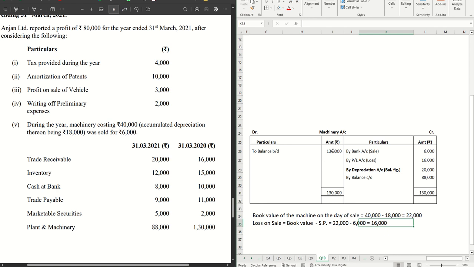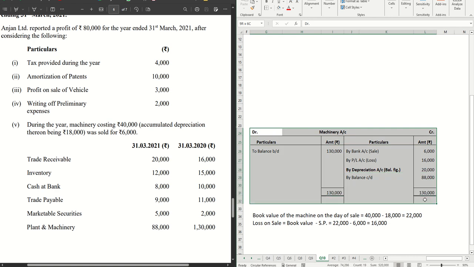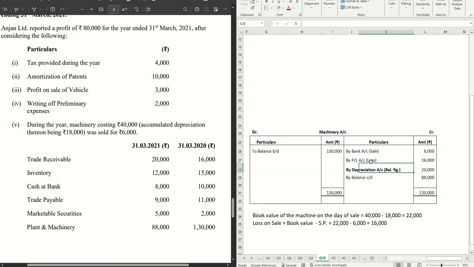Now, after putting these three amounts and here one amount, if you try to tally, the account will not tally. That is why it is very important for you to prepare this account to find out that missing link. If there is a shortfall on the debit side, we generally call it purchase of asset. But here we already have a sale. So any shortfall on the credit side goes as depreciation.